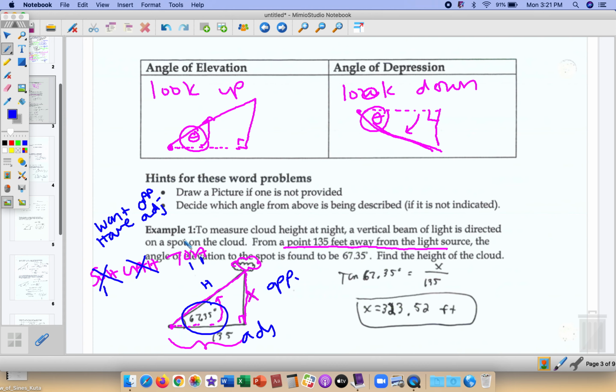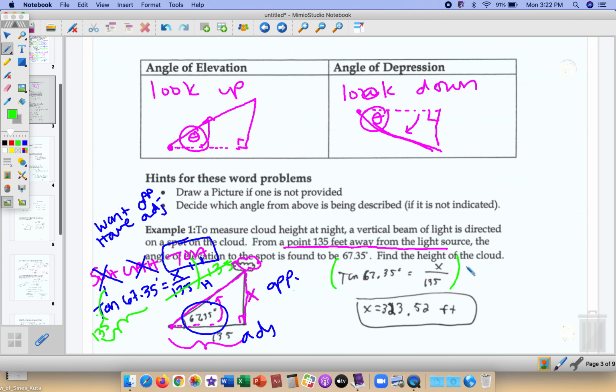So we're going to say the tan of the angle we're referring to, 67.35, is equal to the opposite of that angle, which is x, over its adjacent, 135. To solve that problem, we then are going to multiply both sides by 135. So then x is 135 times the tan of 67.35.